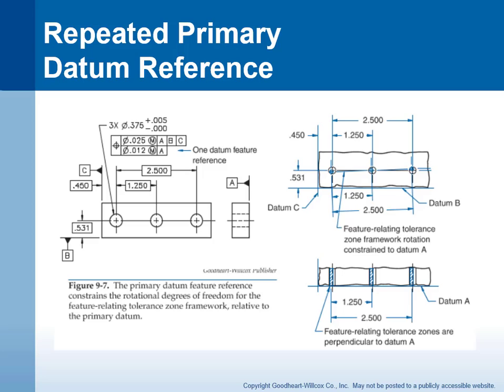And graphically, what does this mean? Now the difference between the two is you'll see my part is squared up to datum A. We still have the same pattern locating, but now we have our holes restrained to datum A, and our tolerance for those holes is now relative to datum A. That is what that means.